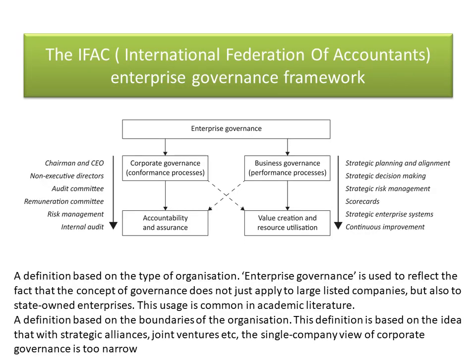The International Federation of Accountants produce a rather complex view of governance, and it's cited in the study guide, and it is really much too complicated. They see corporate governance as a smaller area of enterprise governance, and enterprise governance is more inclusive of corporate governance and performance processes and strategic planning, etc. So there's a subtle difference there between enterprise governance and corporate governance.